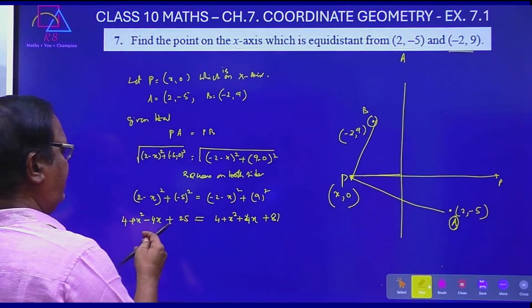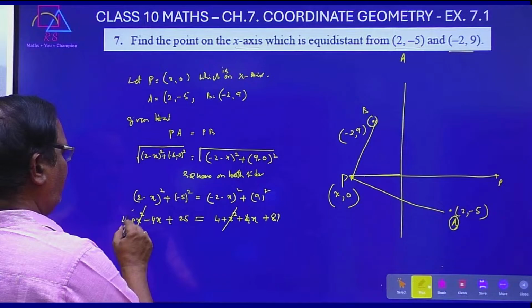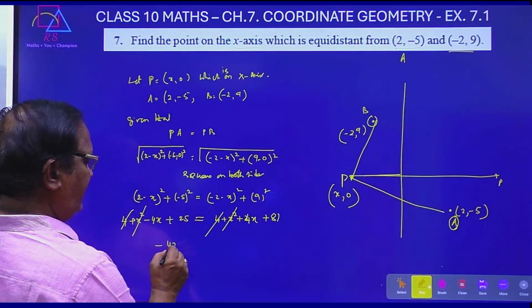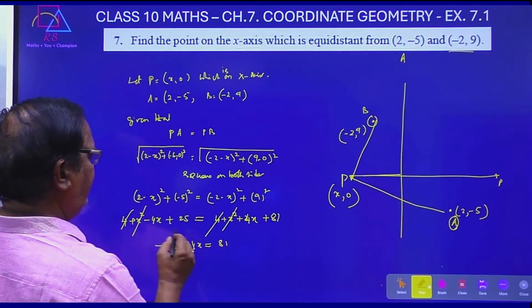Both sides x square will cancel, 4 also will cancel.